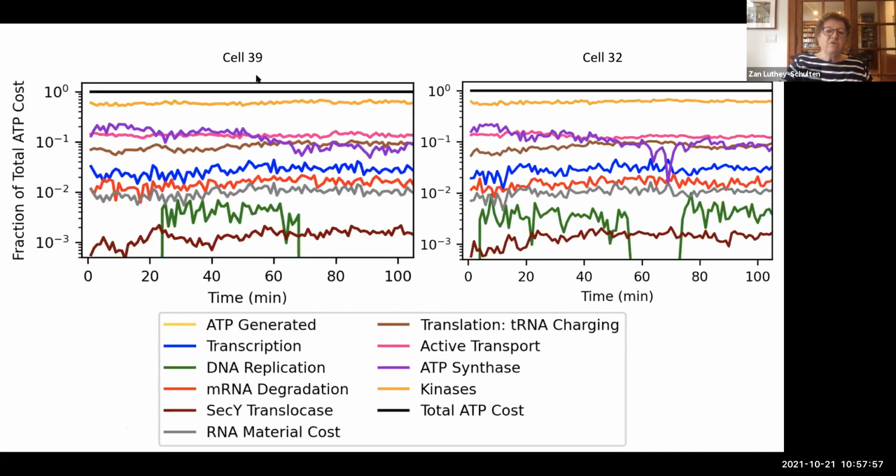Here's another example, cell 39 and 32. You're seeing here multiple replication events. Very interesting. In this particular case, we didn't allow the second replication event, or the forks, to start forming until you had replicated the DNA once. But if you look more closely at the formula for the DnaA and the on rate and the off rate, one of them is like a second order.